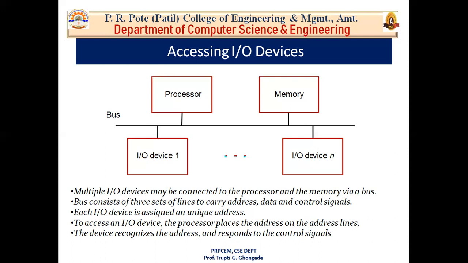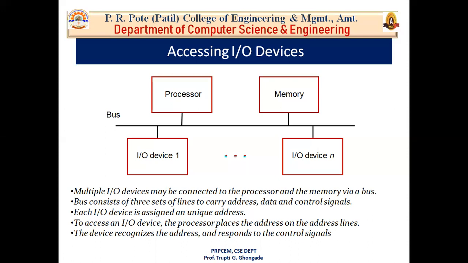When the processor places a particular address on the address line, the device that recognizes this address responds to the command issued on the control line. For example, one IO device connected to this bus is a printer and another IO device is a scanner. Suppose the processor wants to print the first 5 pages.